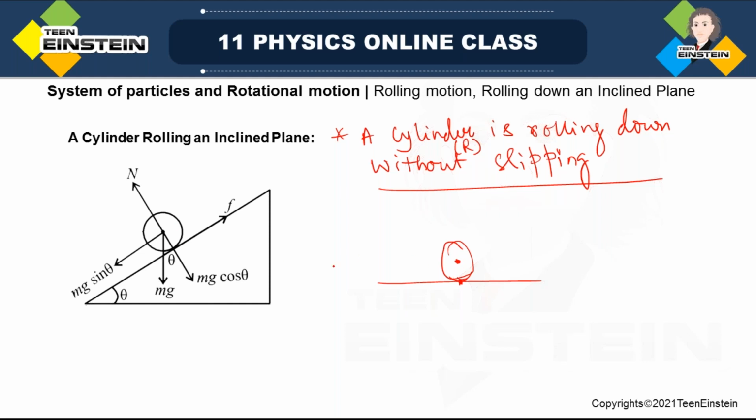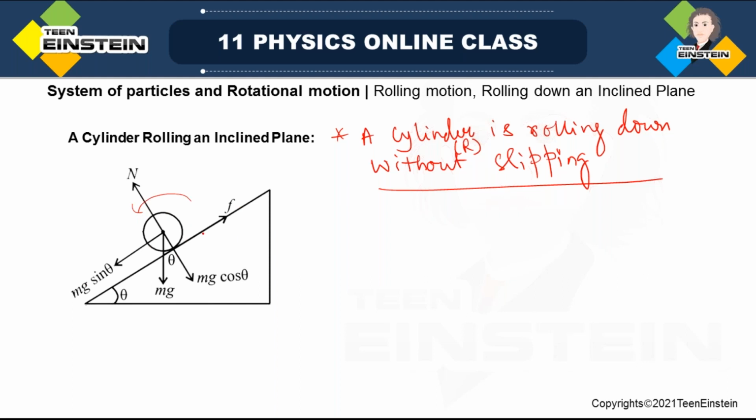Now, when the cylinder is rolling down, it will have a contact line rather than a contact point, and that line will act as the axis of rotation about which it rolls down.